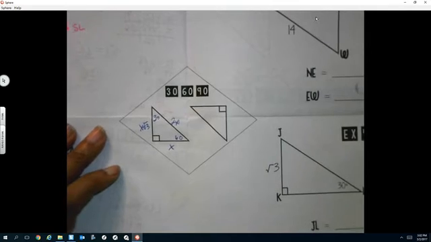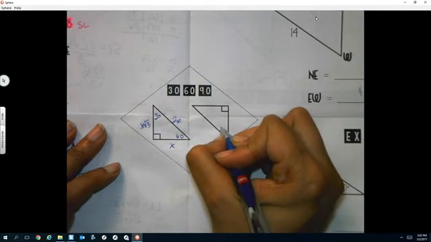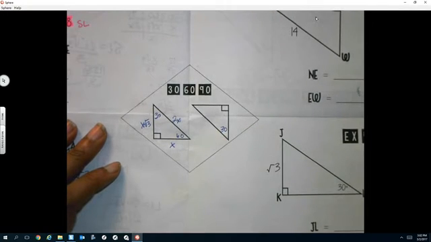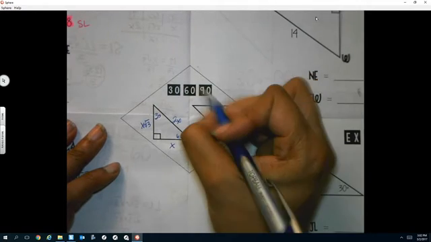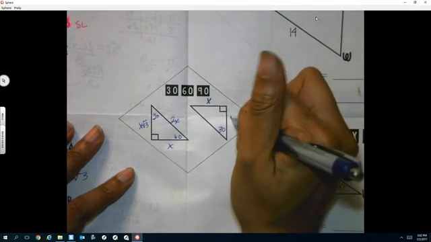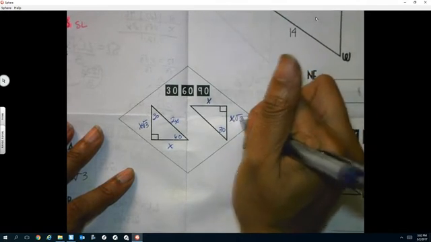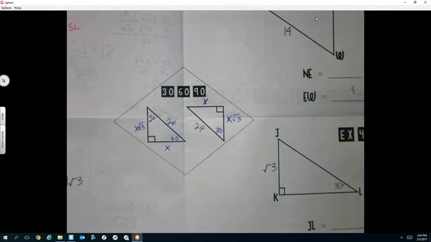But the minute I change where my 30 is, let's say I now say 30 is here, that's going to change how the formula is going to be applied because the x has to be opposite that 30. So you would now have to put the x here. This is now the long leg, and then the hypotenuse is still going to always be opposite the 90.